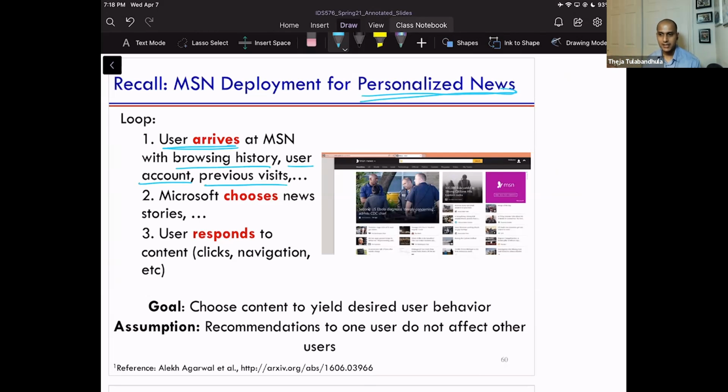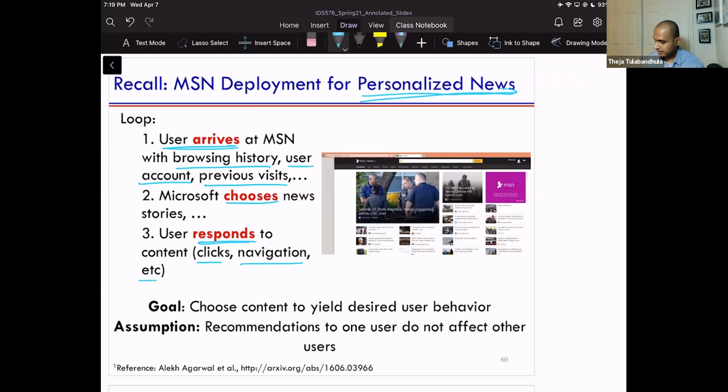Microsoft's website wants to personalize the story shown to this user. For example, this user may be mostly interested in sports, and it doesn't add value to show information about music or some other current events and so on. So Microsoft chooses stories, and then once the page is loaded, the user responds by clicking, navigating, spending time on this website, and so on.